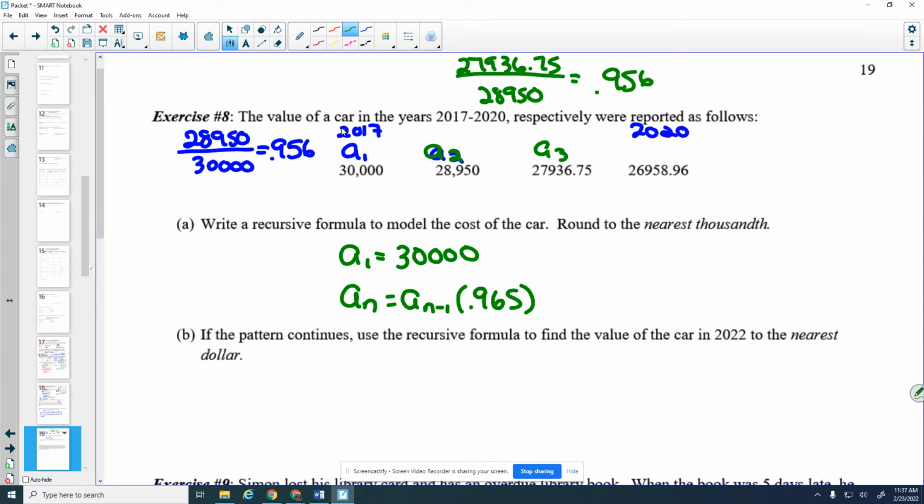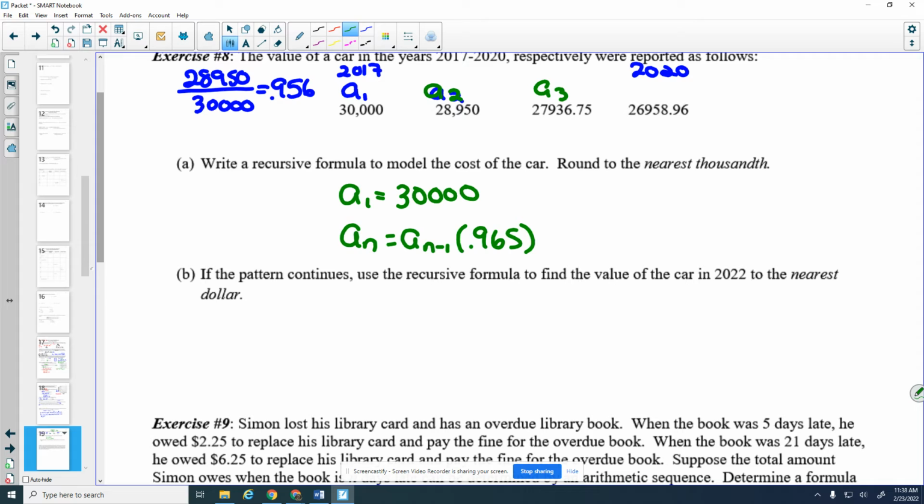Now, typically, we don't use recursion as much as explicit formulas to find more numbers down a sequence, just because it's kind of like a repeated pattern. That takes longer. You have to find every term in the row to get there. But since this next question says if the pattern continues, use the recursive formula to find the value of the car in 2022, we're not going too much further down the line.